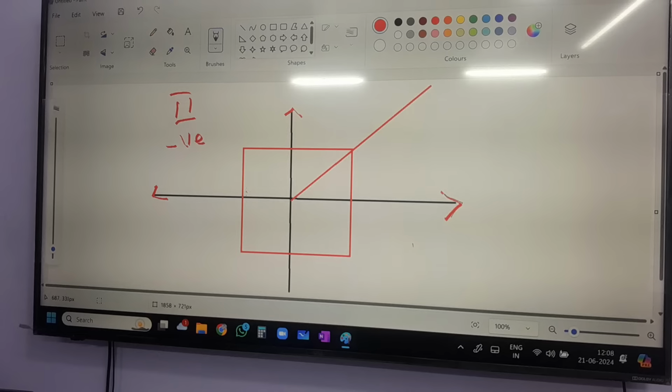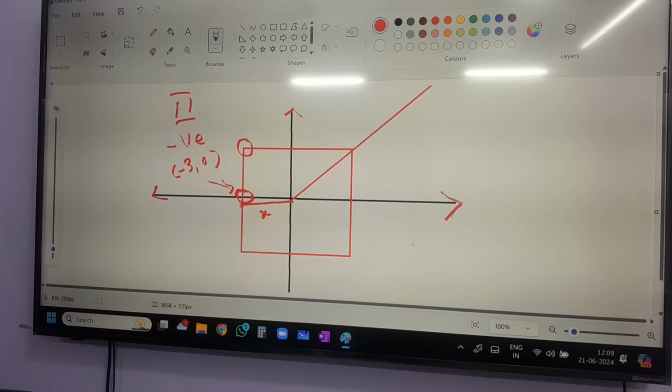Let's say this point, what is the coordinate of this point? For this point, the unit is 3 and the y value will be 0, so the coordinate of this point will be (-3, 0), if I am taking x equal to 3 here. Now, what will be the coordinate of this point?